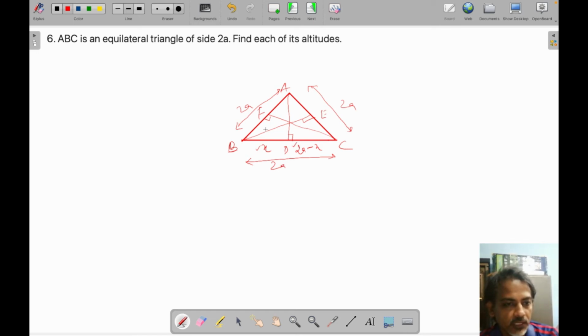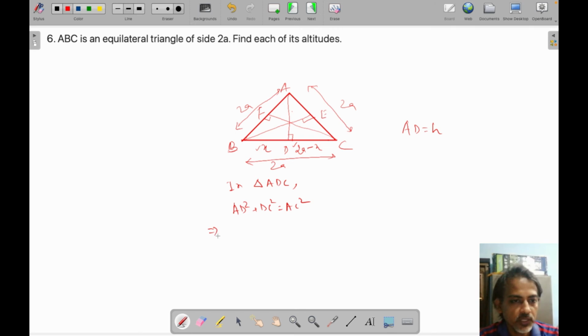And let's assume that the height AD equals H. So from Pythagoras theorem, in the right angle triangle ADC, we know that AD square plus DC square will be equal to AC square, right?